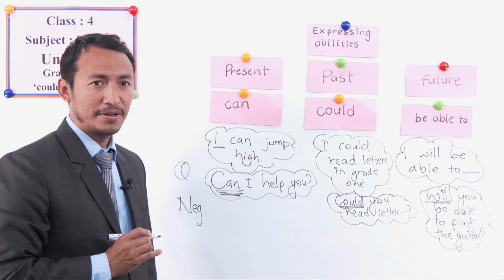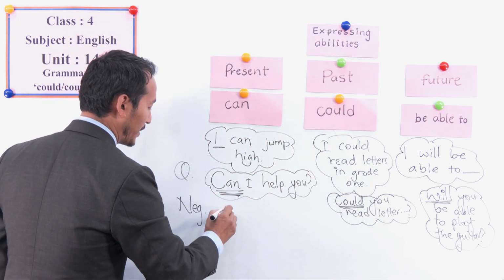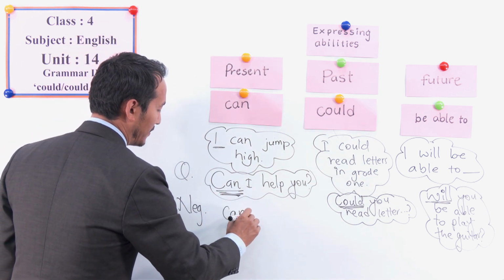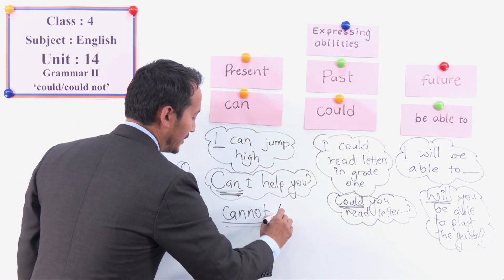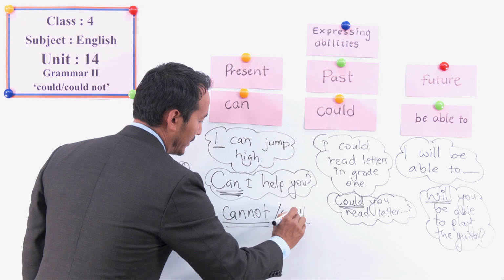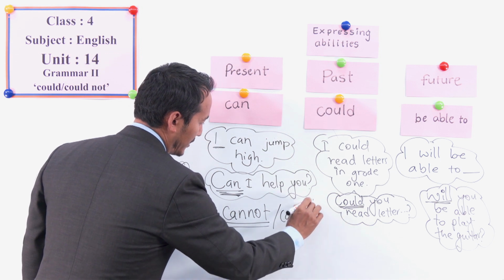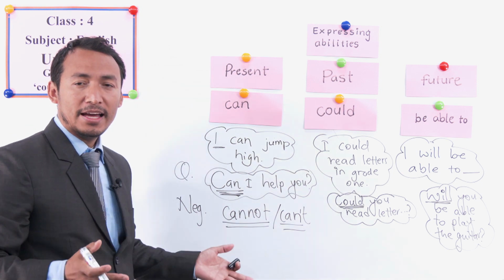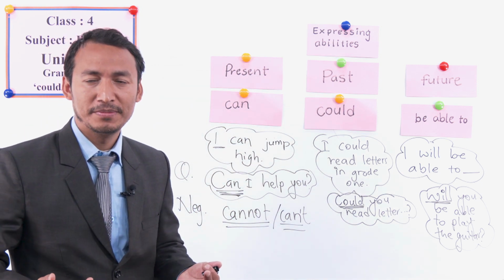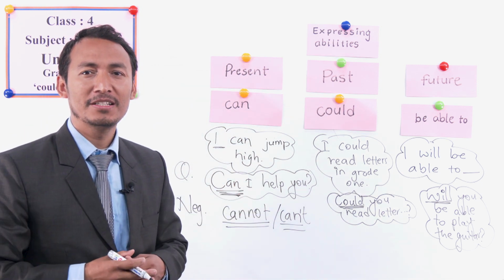For negative, okay, students, what can you use? Cannot, okay, together, or in short form for speaking you can say can't as well, okay? Cannot or can't.